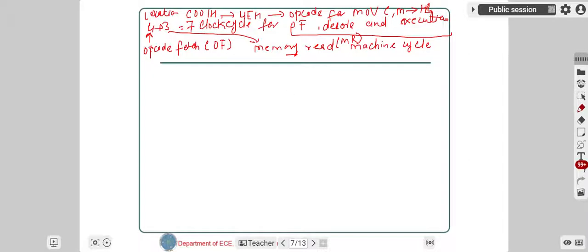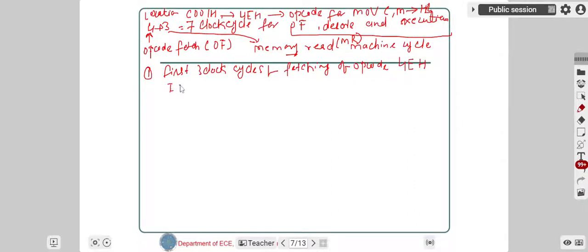So in the first 3 clock cycles, as we have already seen, are used for the fetching of opcode, which is 4EH here.